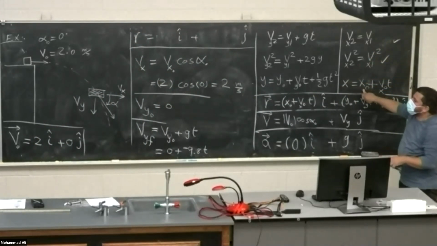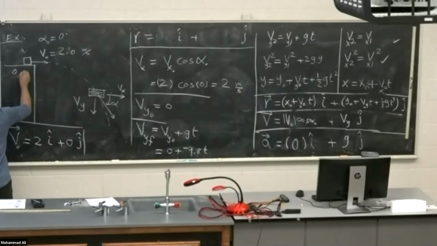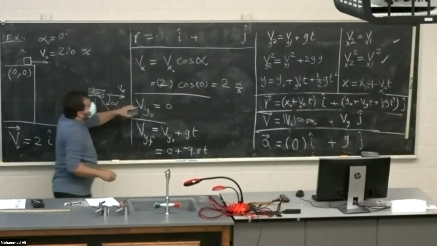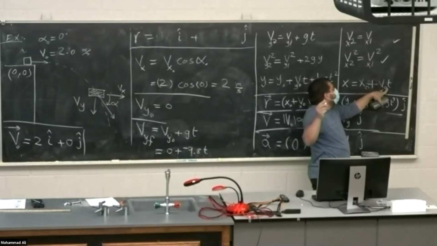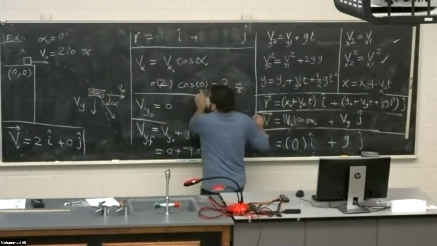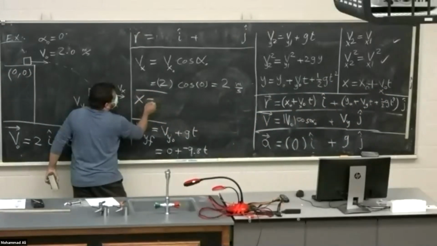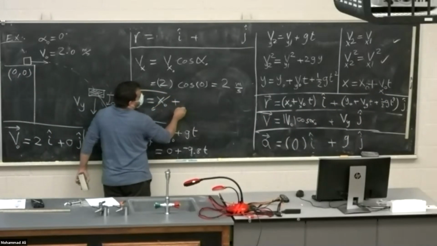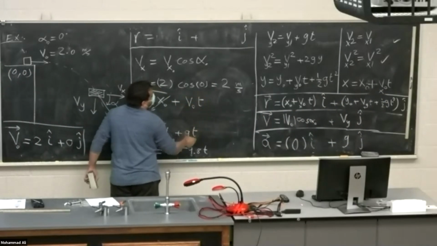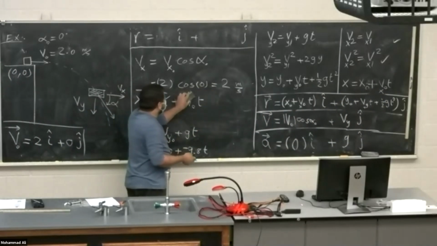X is equal to x naught. If I assume here 0, 0, then x naught is 0. V naught is 2 multiplied by the time. So x is equal to x naught, which is 0, plus V naught multiplied by T. V naught is T, and V is always 2.